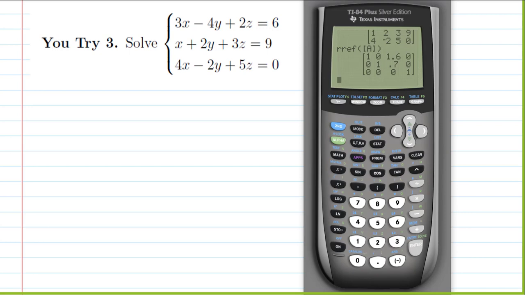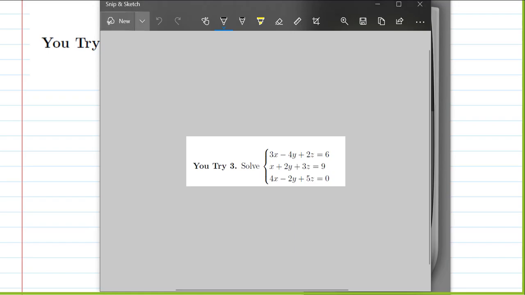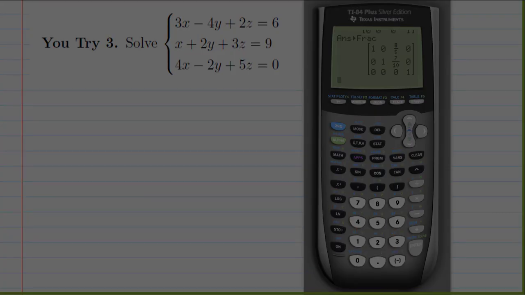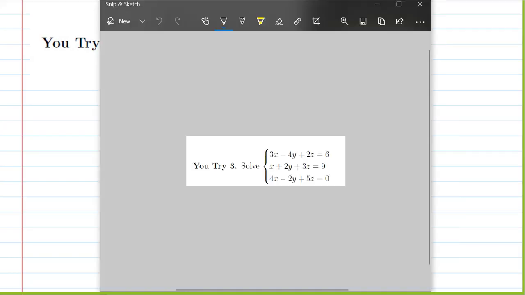So a couple of notes I do want to mention. We ended up with decimals, and most of the time that's okay, but sometimes you do want fractions. In the event that you do, you can convert all of the entries in a matrix to fractions by pressing our math key, choosing the first choice fraction, and pressing enter again, and it will take and convert all of those decimals to fractions if it is possible.